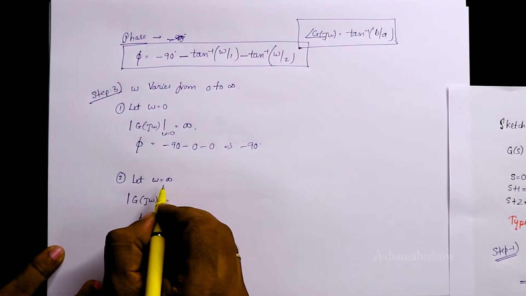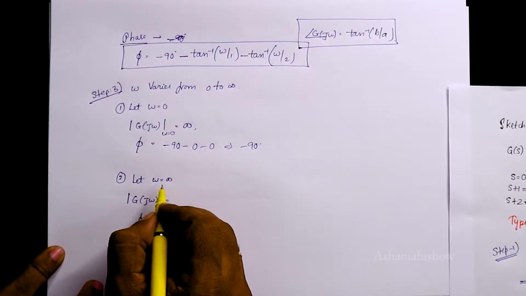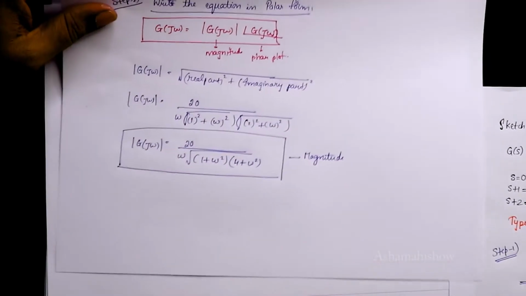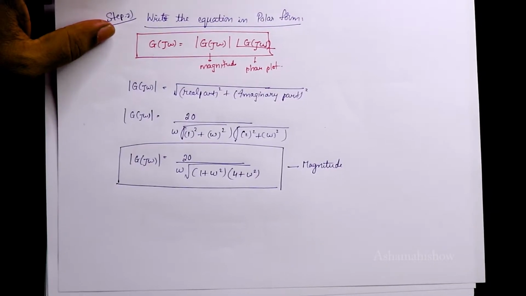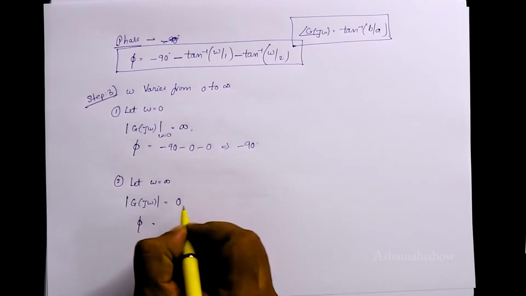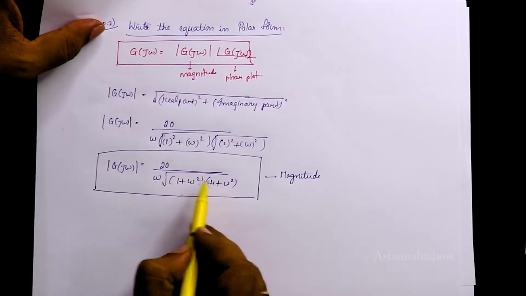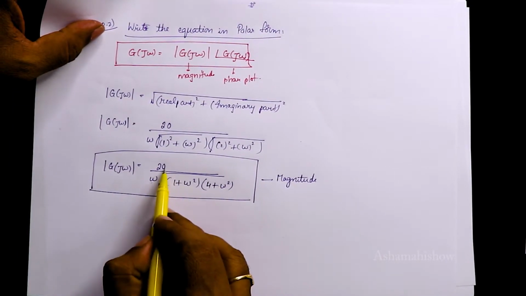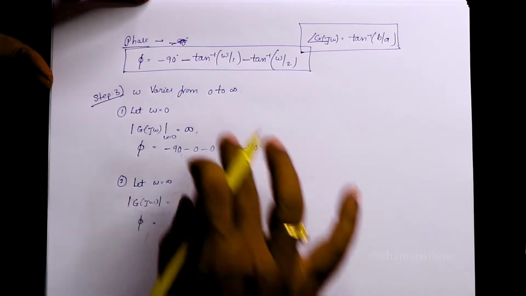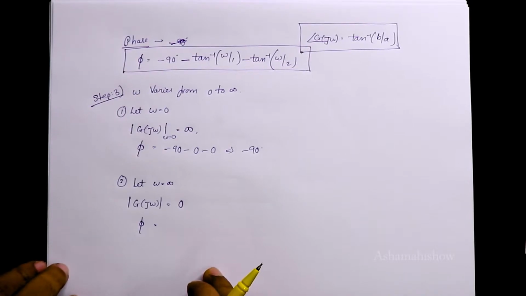For omega equal to infinity, when you place infinity in the magnitude, 20 by infinity will become 0. Now put infinity in place of omega in the phase. So what happens?